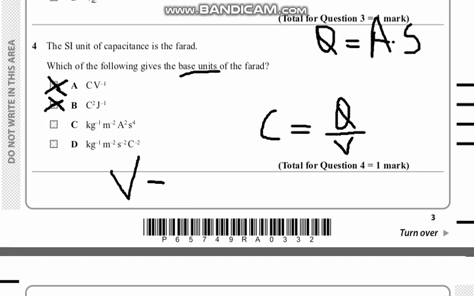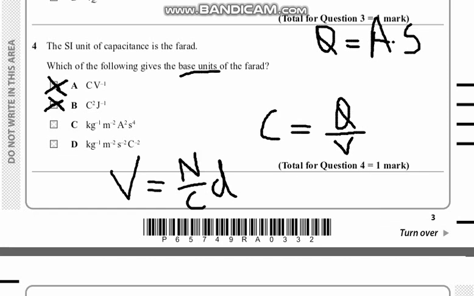Basically voltage V is equal to electric field strength, which is E into d, and we know that electric field strength E is equal to Newton over charge, that's N C minus 1.